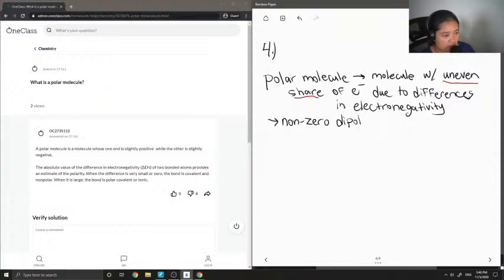This will make more sense when I write out an example. A non-zero dipole moment just means that one end is slightly positive and the other end is slightly negative.